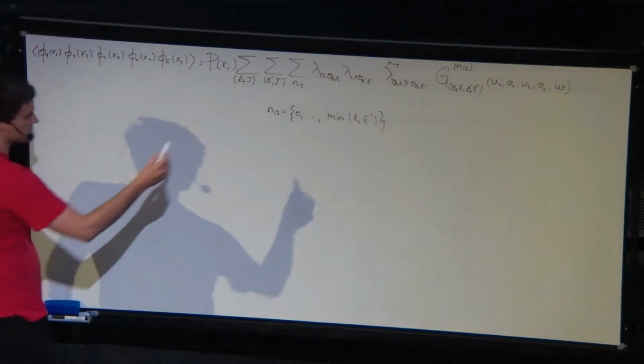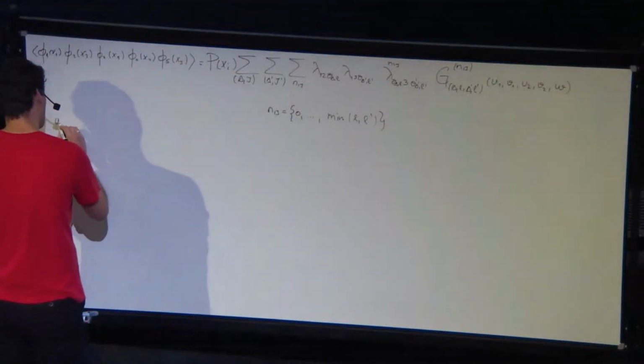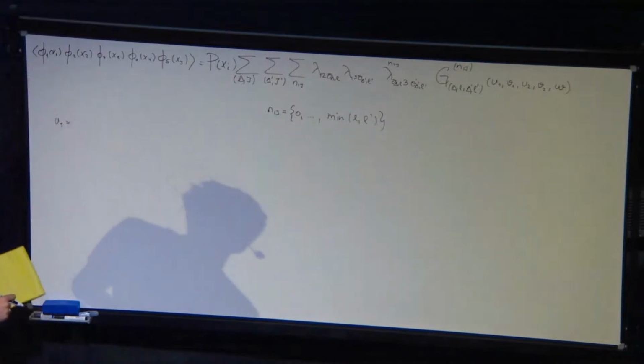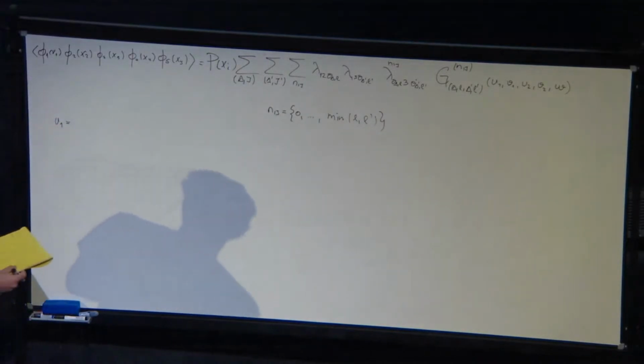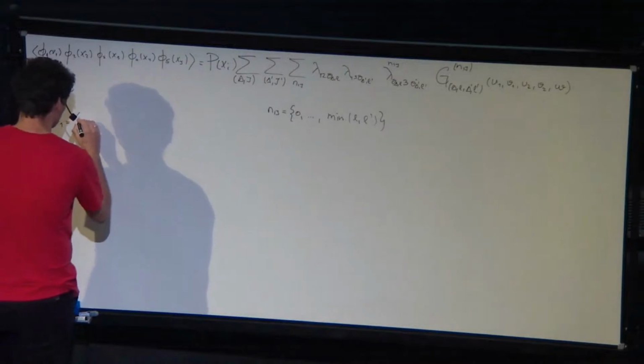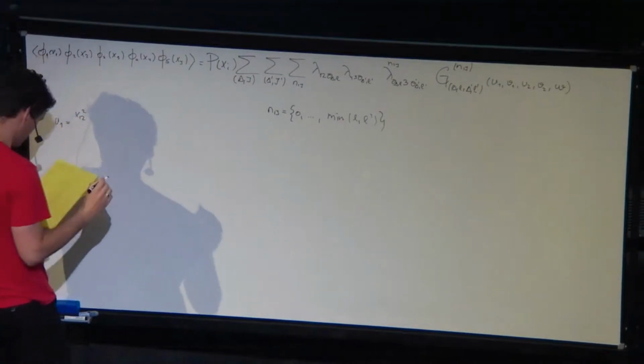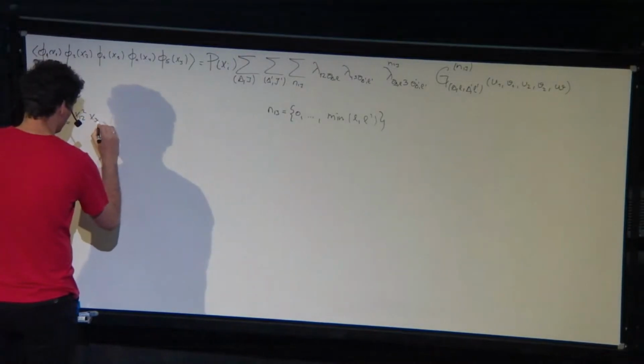I'm going to define these cross ratios because, as it turns out, the choice of cross ratios plays a very particular role in everything I'm going to say today. So these cross ratios are defined as follows.